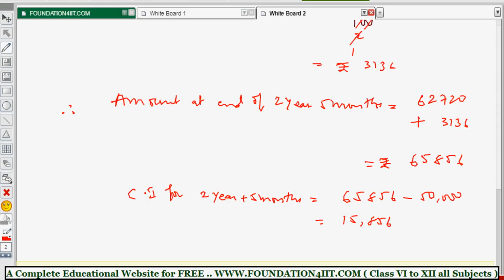Therefore finally we can conclude; they're asking two questions: what is the amount and what is the interest. Therefore the amount is equal to rupees, so how much did you get here?